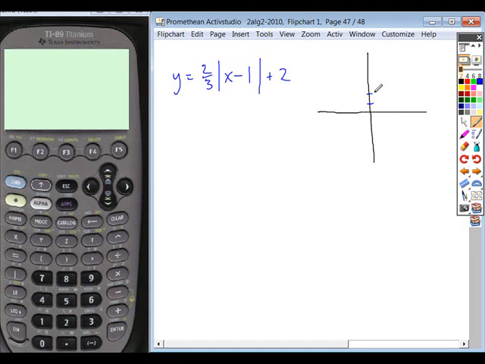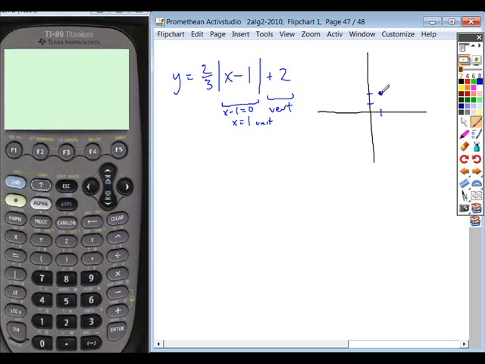Here's your vertical shift. Okay, your horizontal shift, when you set this expression equal to 0, so if you take x minus 1 equals 0, what does x equal? 1. So that means you're shifting this 1 unit to the right. So we're going to take our vertex and move it up 2 and to the right 1.